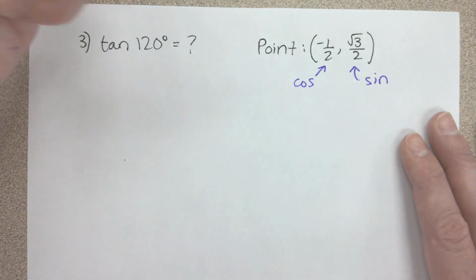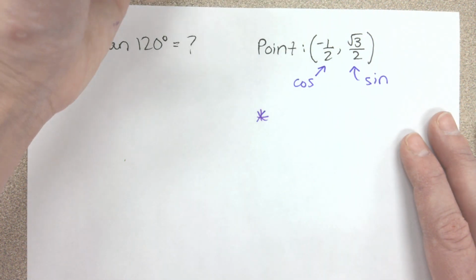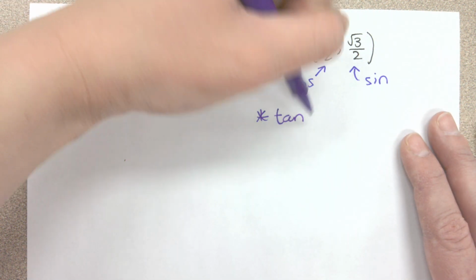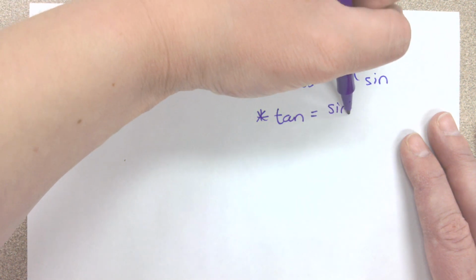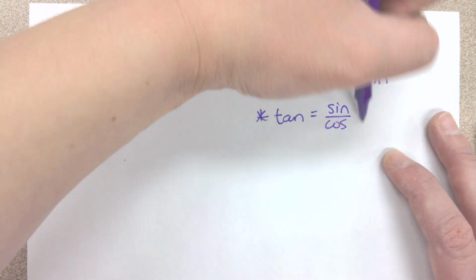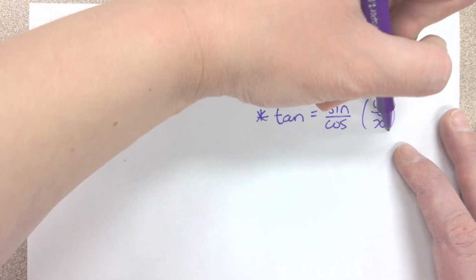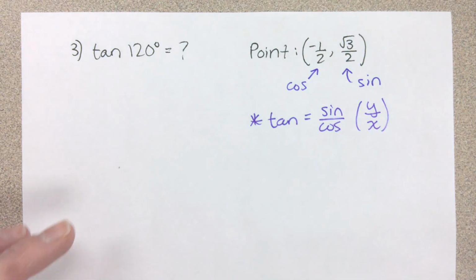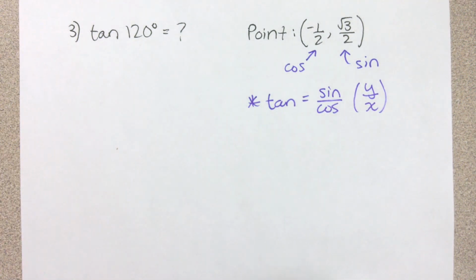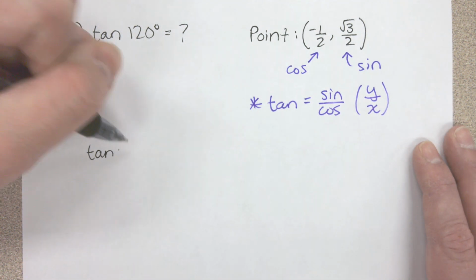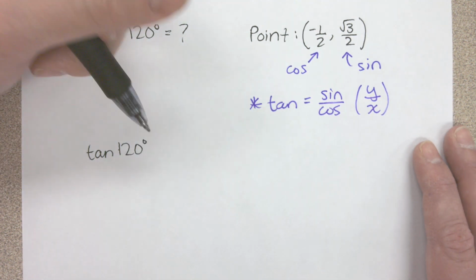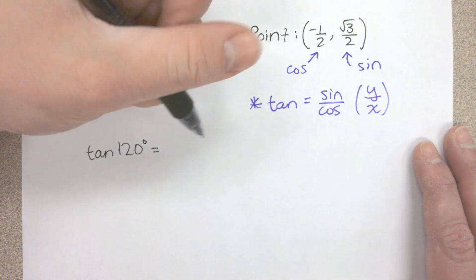And we need to use that third rule that we discussed. Tangent is equal to sine over cosine, which is also y over x, however way you want to remember it. Let's use that. Tangent of 120 is equal to sine over cosine.